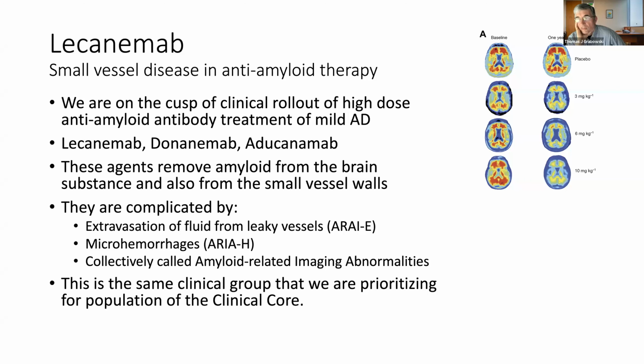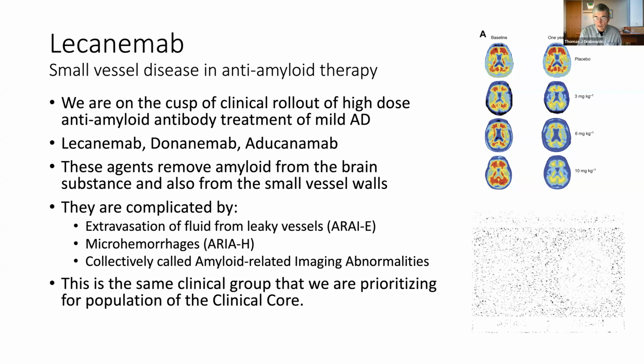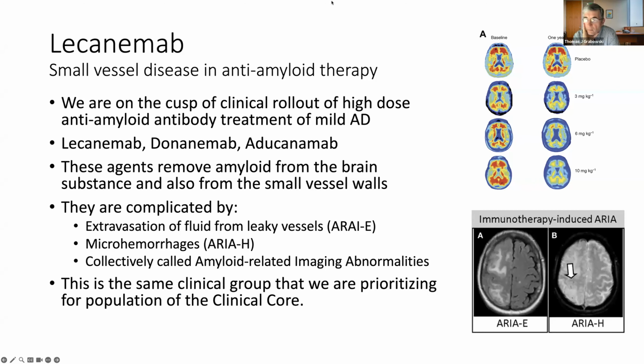But one of the things that happens when we treat patients with high dose lecanemab is it does actually reduce the amyloid burden. You can see that this is a dose-dependent reduction in amyloid ligand, and your amyloid scan does literally become negative over a 12 or 18-month period. It comes at the risk of consequences of removing amyloid from the small vessel walls, which include extravasation of fluid.